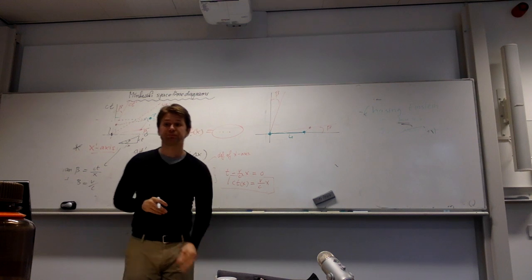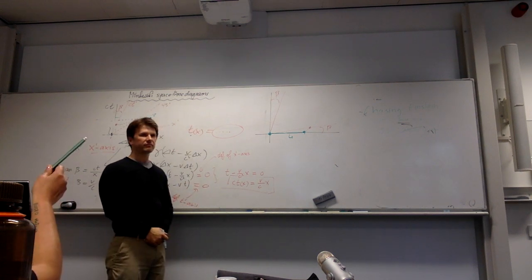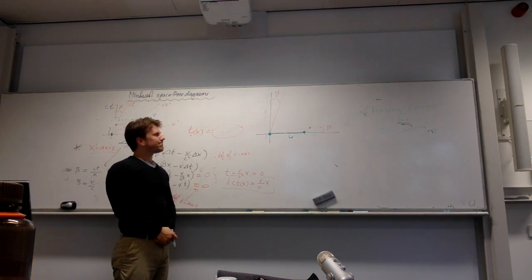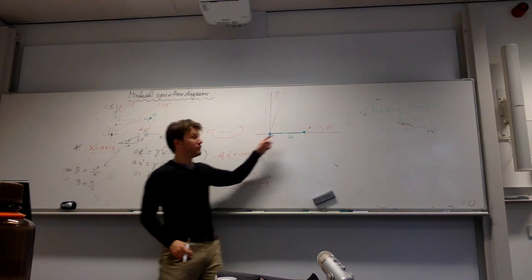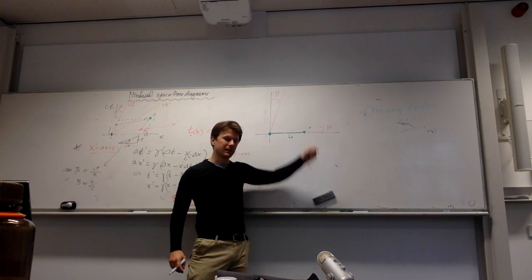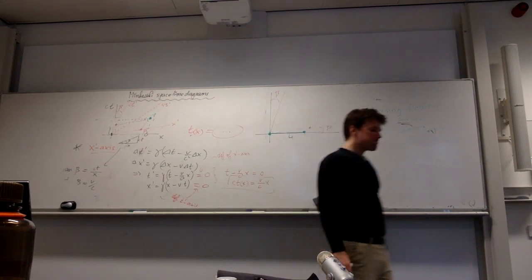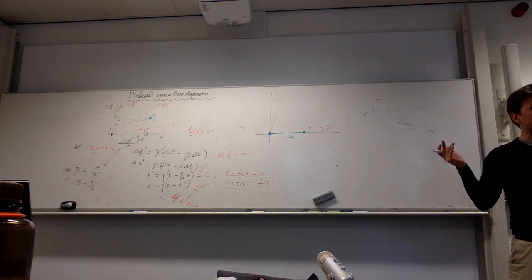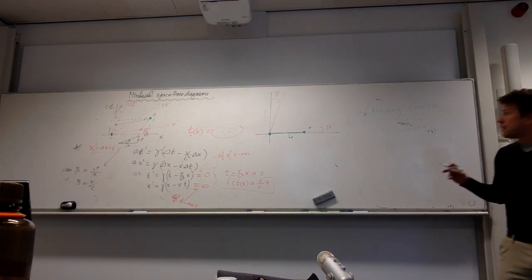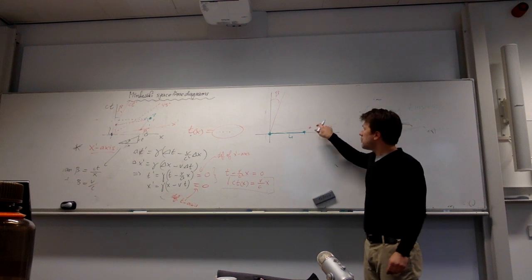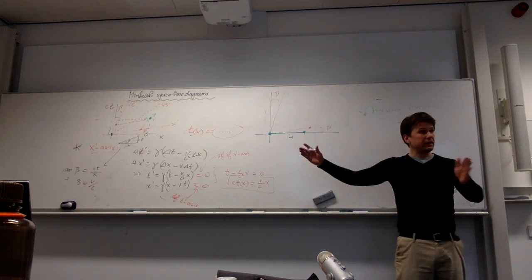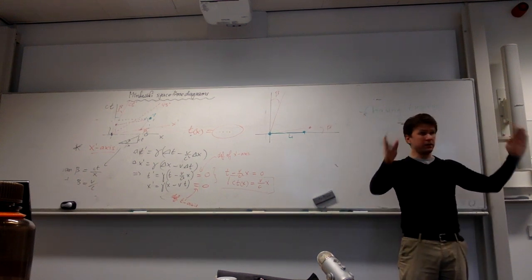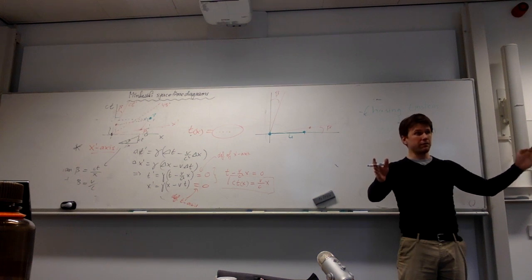Well, first of all, the length of the stick seems to come out longer, but that's because there is something still missing. That's what we're working our way towards. There is a different issue, because if you are in the red frame and you see a stick fly by and you want to measure what its length is, when do you measure the front and the back end?